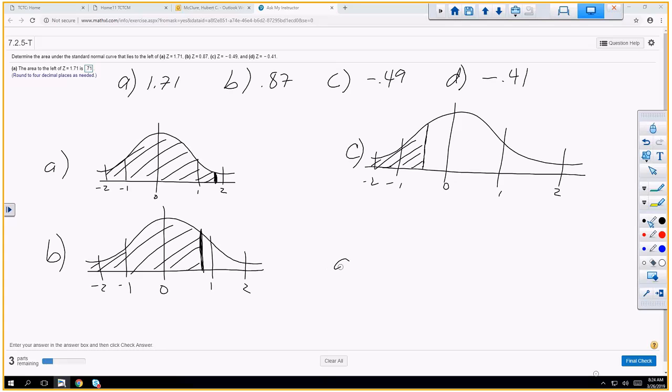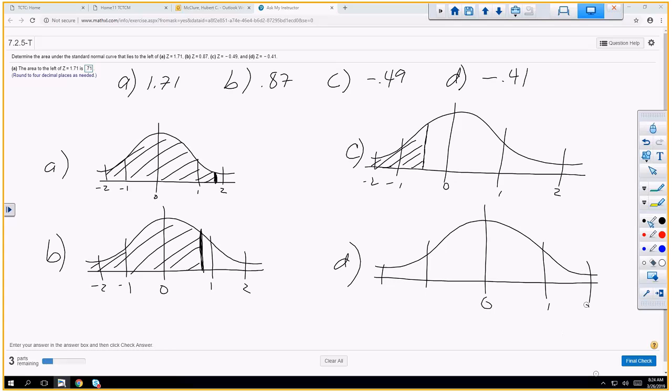And then D, negative 0.41. Oops, this will be this way.